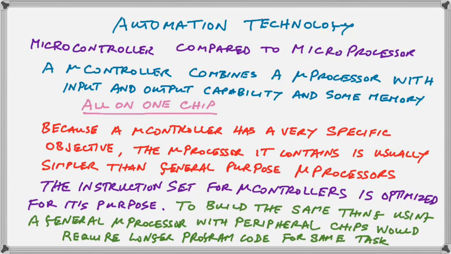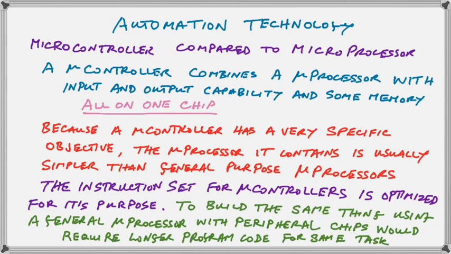The microprocessor is going to require additional chips and a circuit board and an infrastructure in which to be able to do the control, whereas the microcontroller combines those control aspects into the one chip. The instruction set, therefore, is a simplified instruction set which is primarily intended for input and output control.